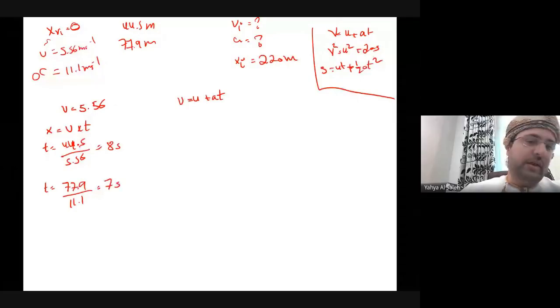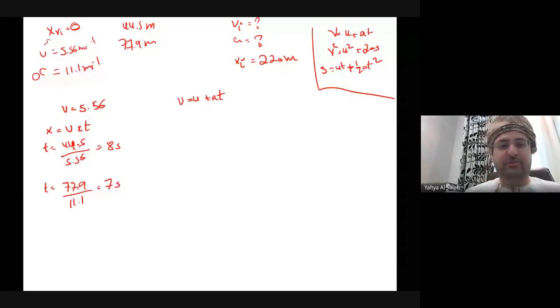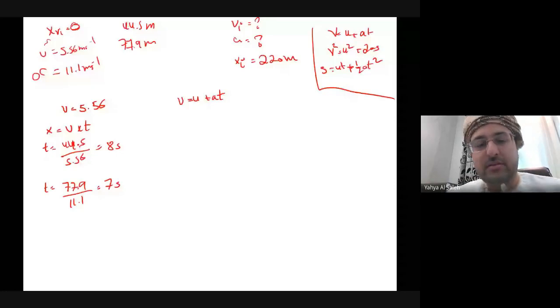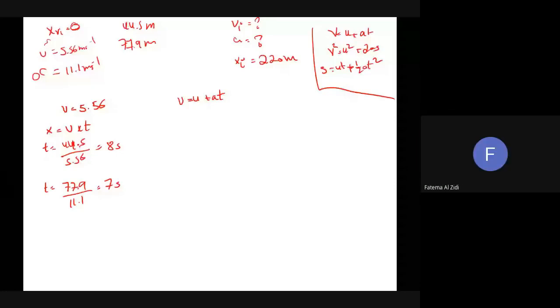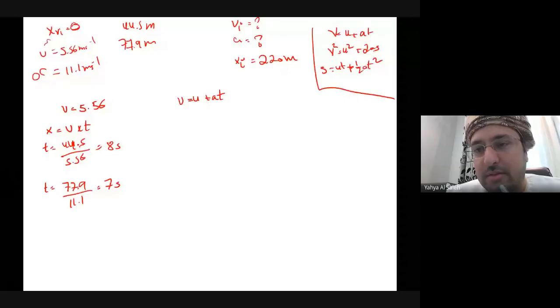Yes. Okay. And now we have key pieces of information. At 8 seconds, they both need to be at 44.5 meters. Or at 7 seconds, both need to be at 77.9 meters. Right? Excellent.